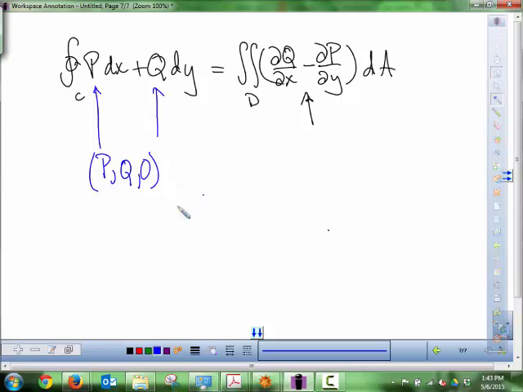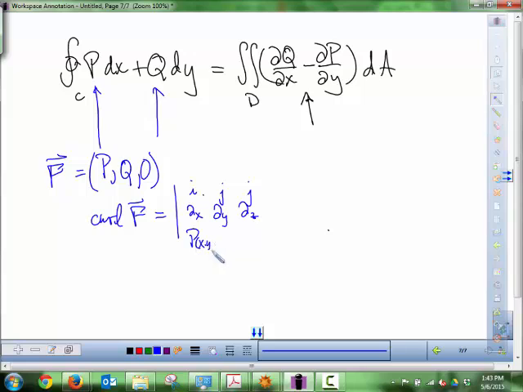It turns out that the curl of this vector field is equal to, well, let's do it carefully. Now, I'm going to put P as a function of x and y because there's only x's and y's. There's no z's in there. And you'll see why I'm doing this.